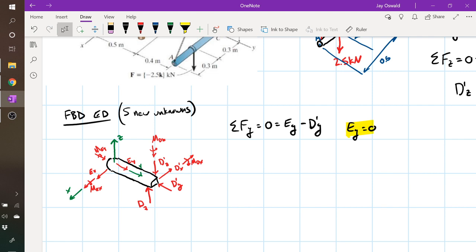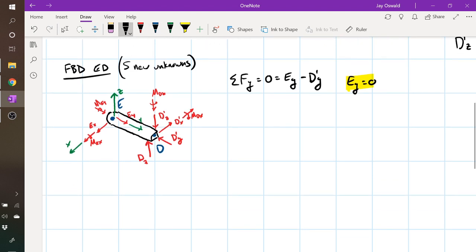But there is one axis on which the body is not constrained by the support at E, and that is the z-axis, right? So this is point E, and this is point D. Kind of obvious from all the forces. Okay, so what happens if we do sum of moments about the z-axis?